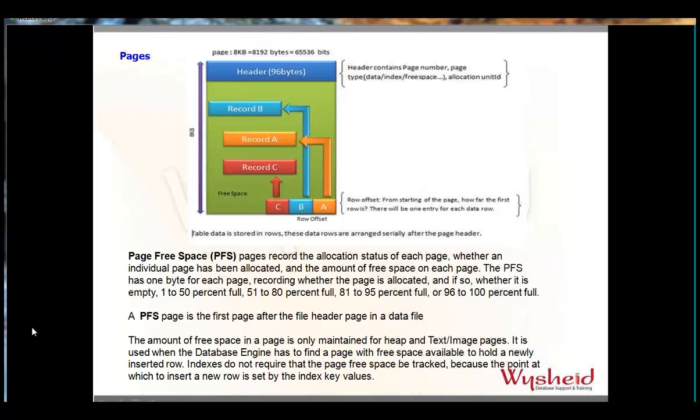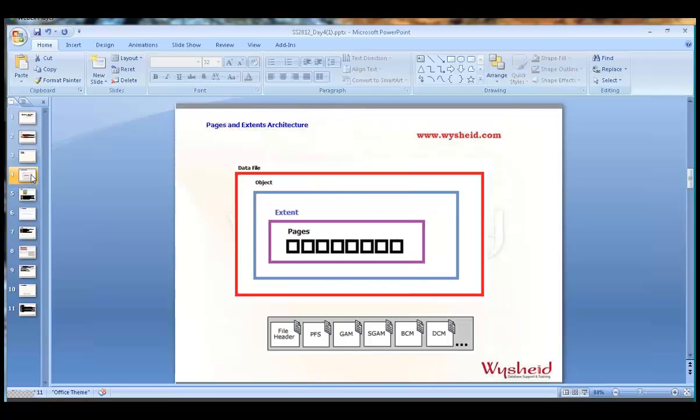And where are these PFS bits stored? The PFS bits will be stored in the first data file. I'll show you here. Whatever structure I have shown will be there in the first data file, which is a primary data file of a database.